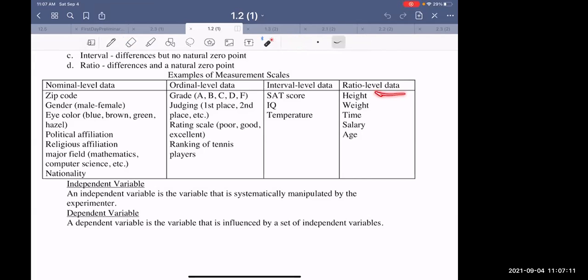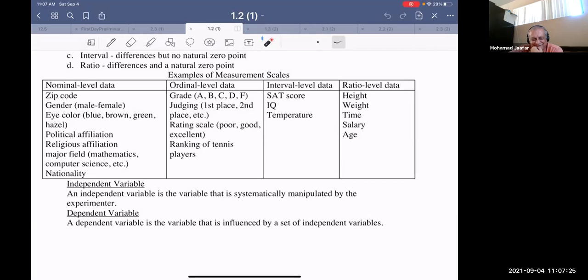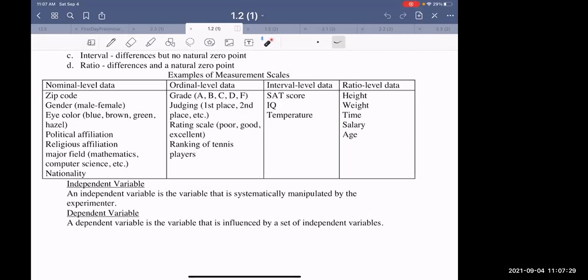Ratio data examples: height. If you have a height of 0, you have no height. Weight. If you have a weight of 0, you have no weight. Time. If you have 0 time, then you have no time. Salary. If you have 0 salary, you have no salary, so that's not good. Age. If you have 0 age, then you have no age.